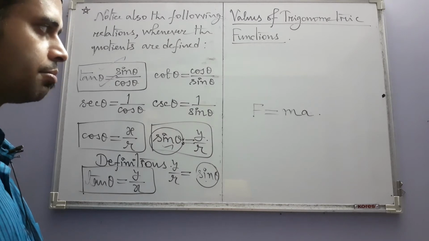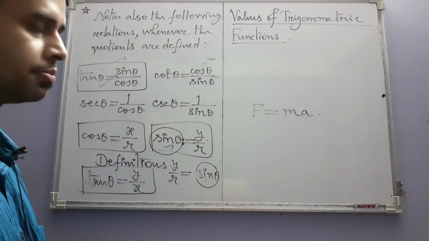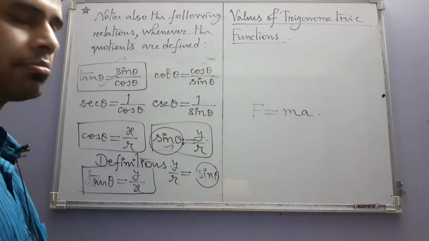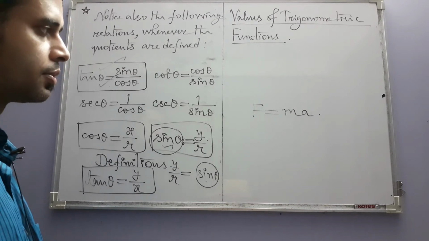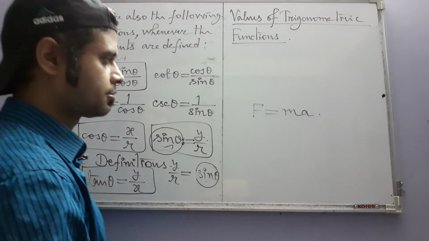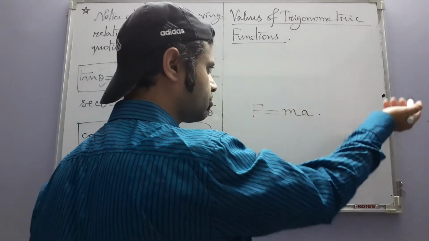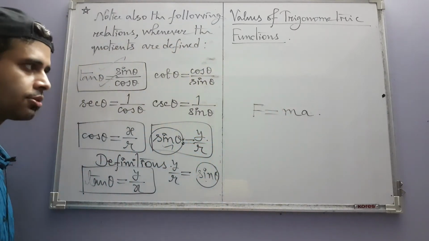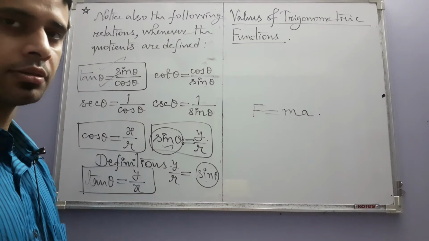Force equals mass times acceleration. Now this of course is true when the mass is not changing. So let's just assume that the mass does not change. So then your actual second law reduces to this: force equal to mass times acceleration.